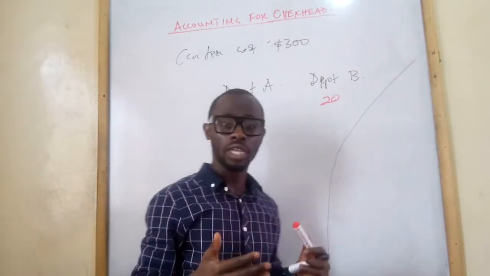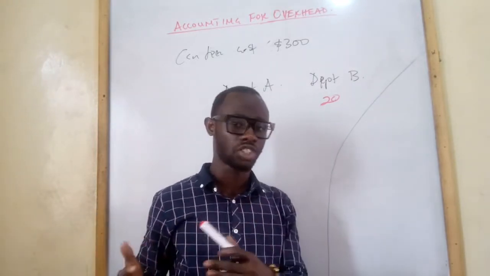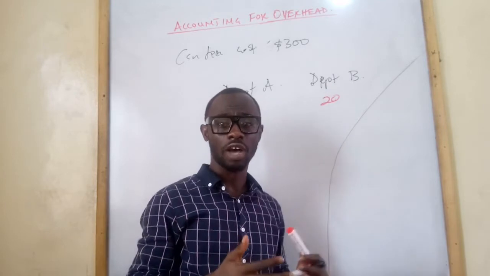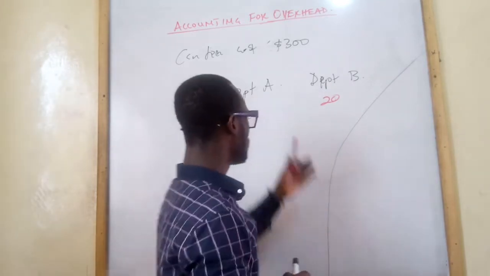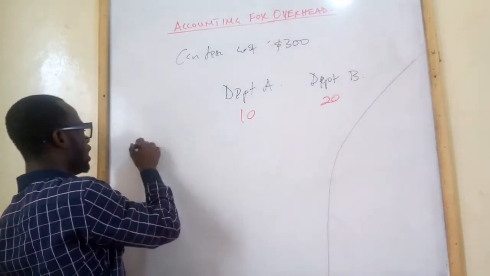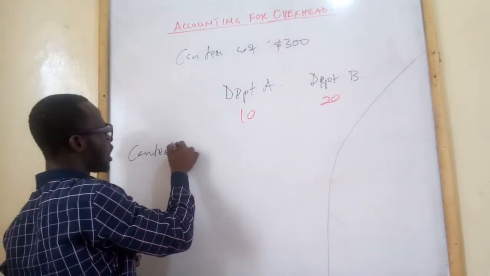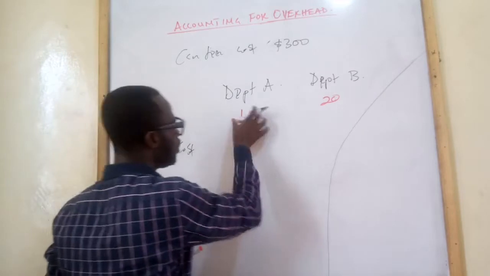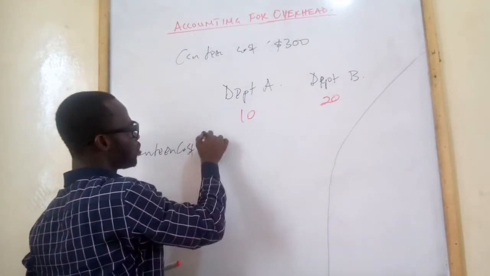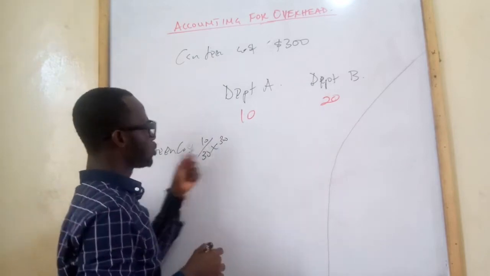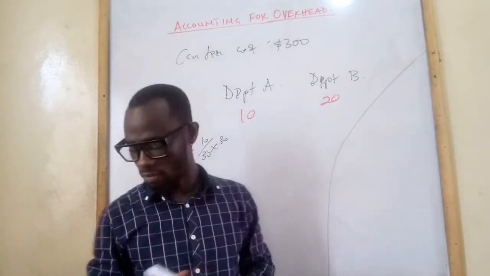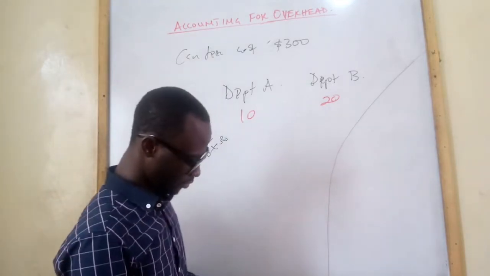So this is what we mean by apportionment of overhead, the sharing of overheads or spreading of overheads fairly between cost centers or cost units. So if we want to share this cost, it means that the canteen cost will be apportioned as follows. For Department A, it's going to be 10/30 by 300.